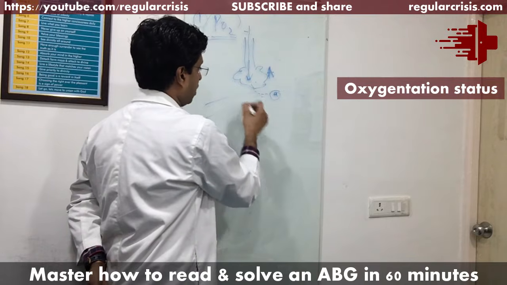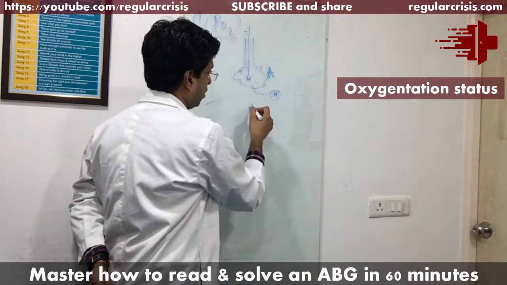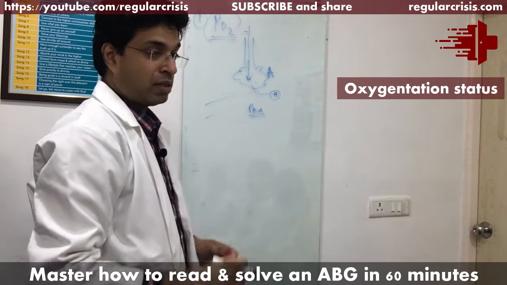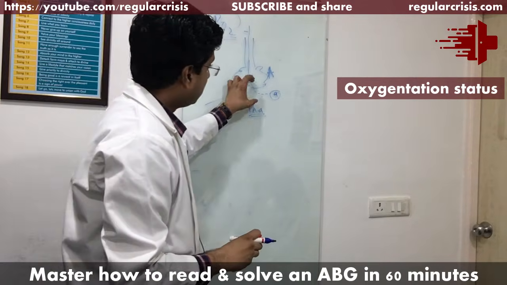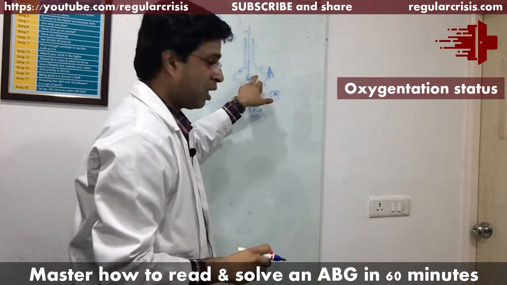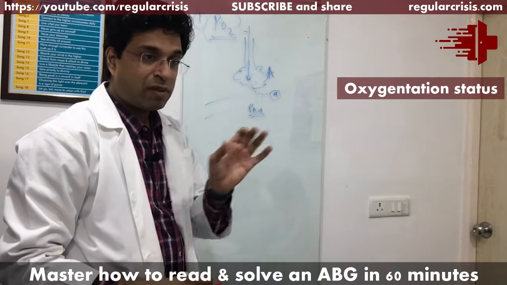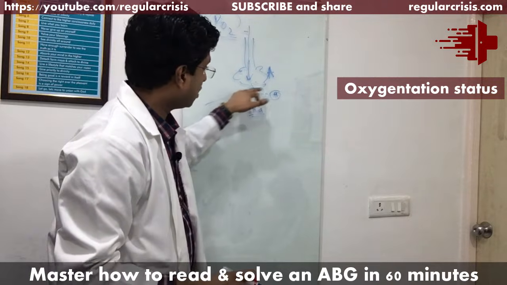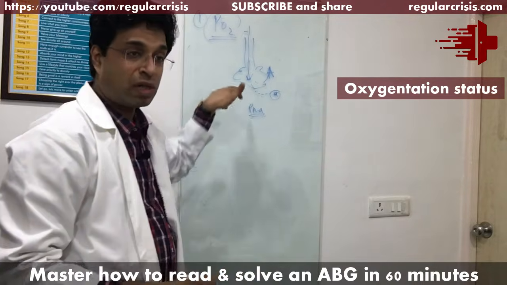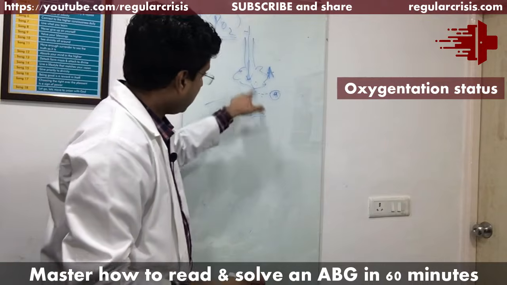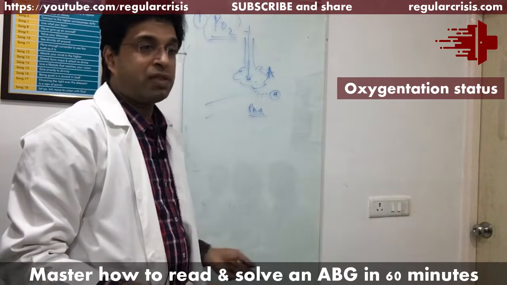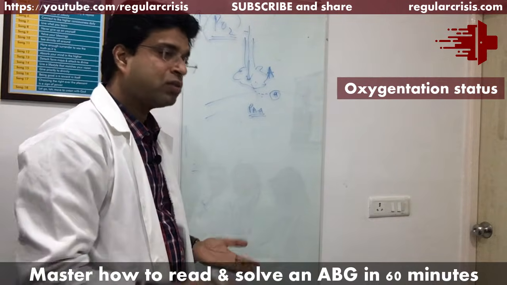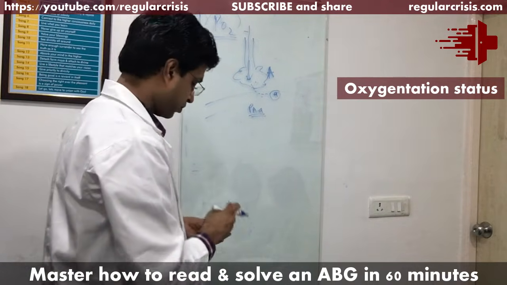So we need to calculate the alveolar arterial gradient, meaning the difference between the PO2 in the alveoli and in the blood vessel. If the difference is too high, diffusion is not taking place at this level, which means the lungs are definitely abnormal. If it is normal, the problem is somewhere else: either the patient is not being properly ventilated, or a central cause, or other causes.